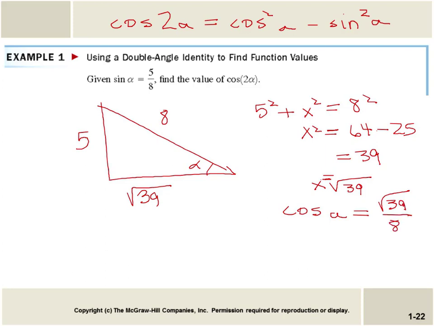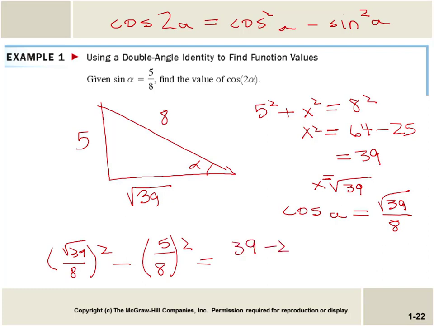So I just plug those values in now. That's all. You're good. So I have the square root of 39 over 8 squared minus sine, which is 5 over 8 squared. So that's equal to 39 minus 25 over 64.